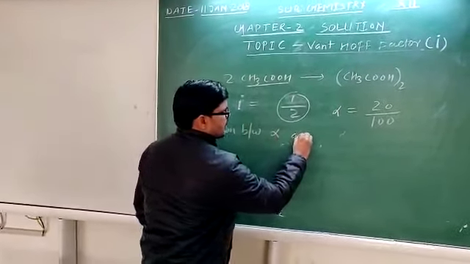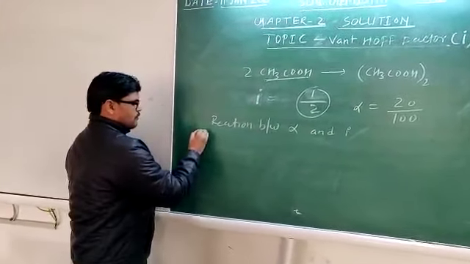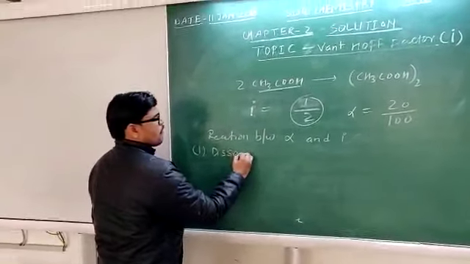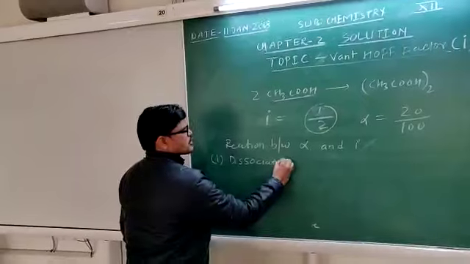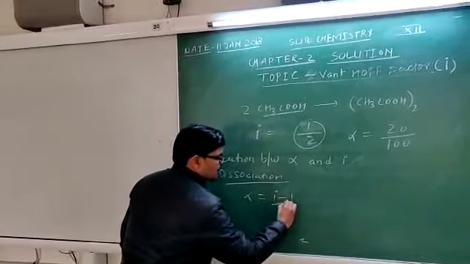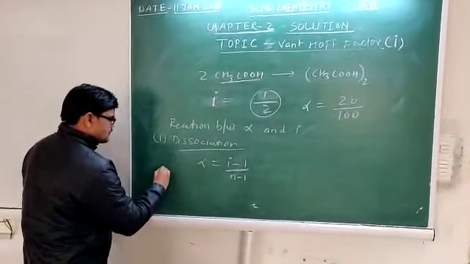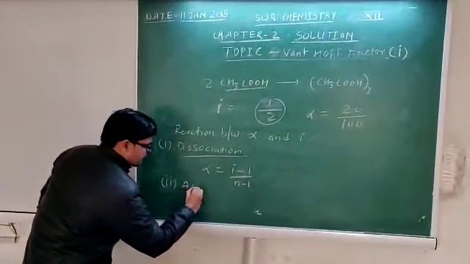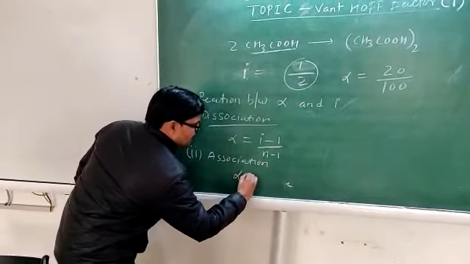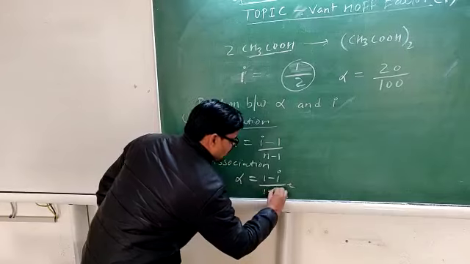For dissociation, alpha equals i minus 1 upon n minus 1, and for association, alpha equals 1 minus i upon 1 minus 1 upon n.